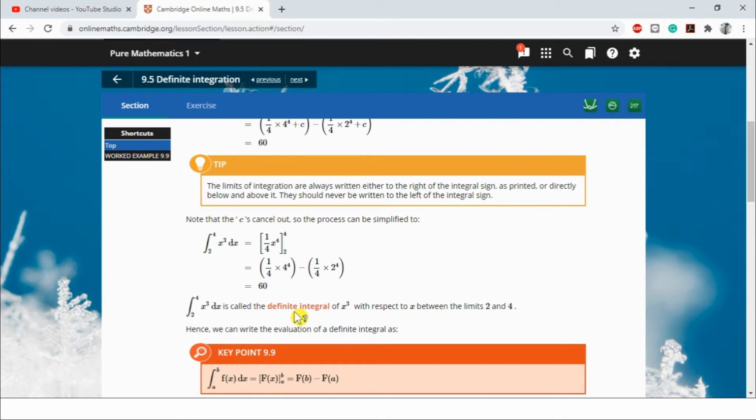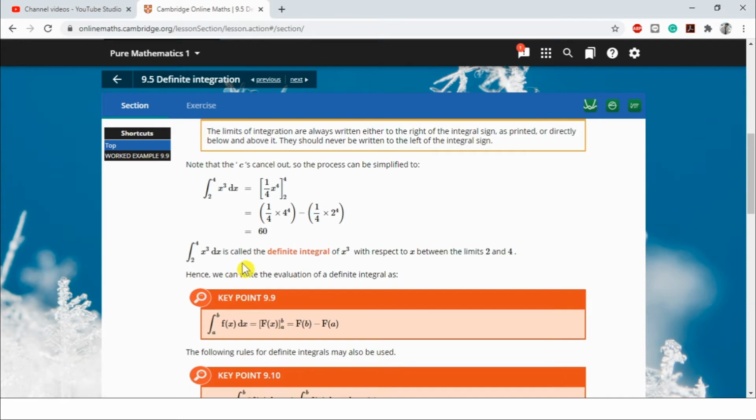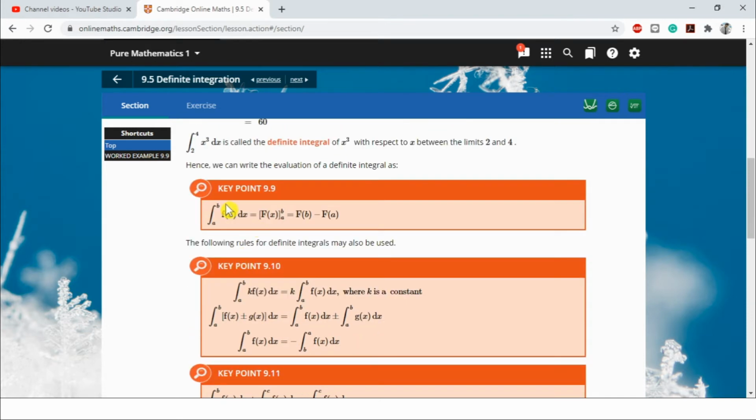So remember, the difference between definite integration and indefinite integration is the result. If we write the formula of definite integration, it will be like this.